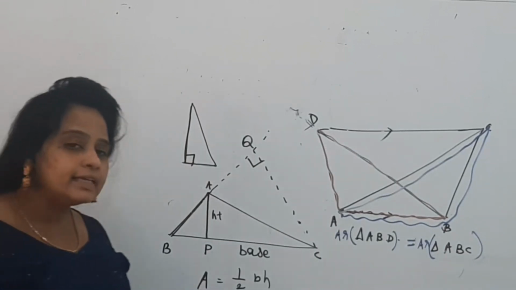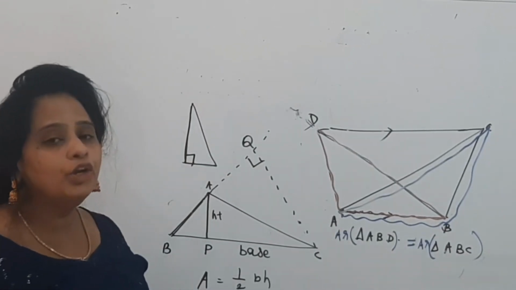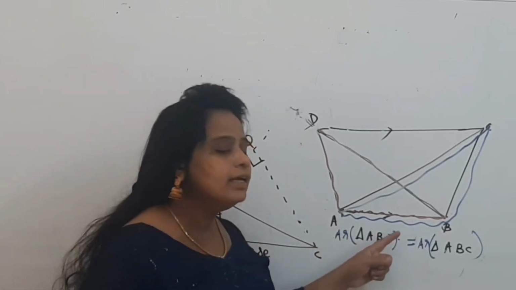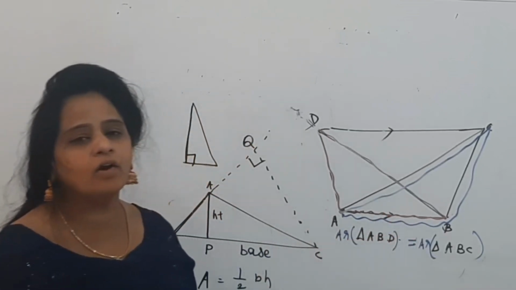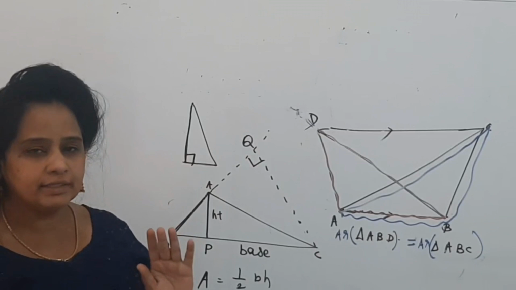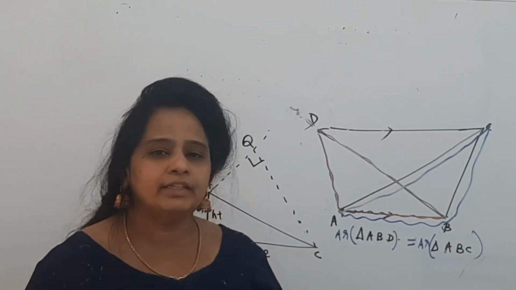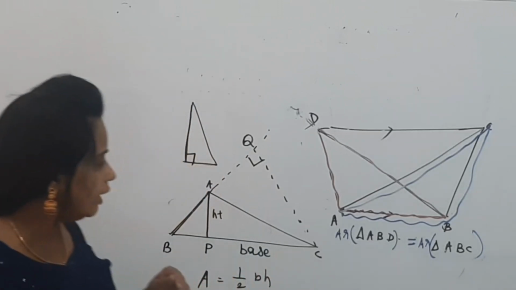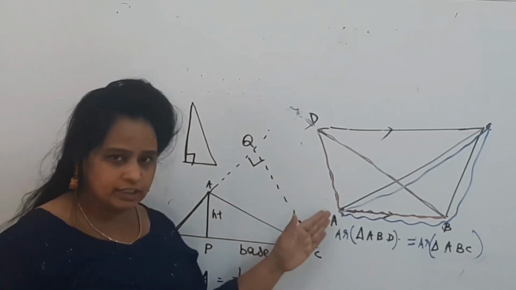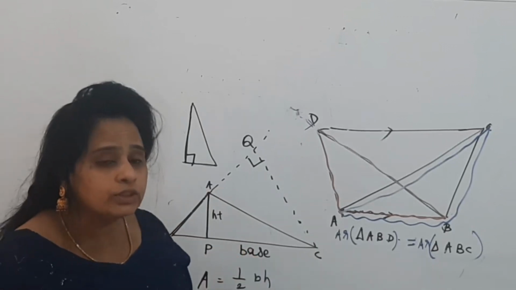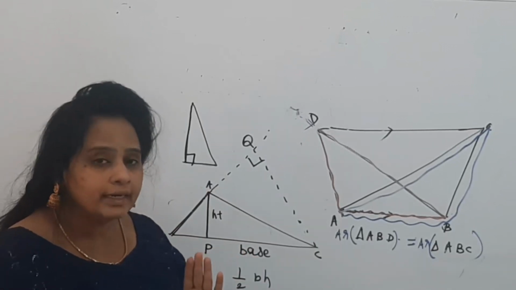This is the second concept you must know: the area of triangle ABD is equal to the area of triangle ABC when they lie on the same base between the same parallels. Hope everyone understood these two concepts. These two are the concepts we are going to use in this theorem to get our proof.